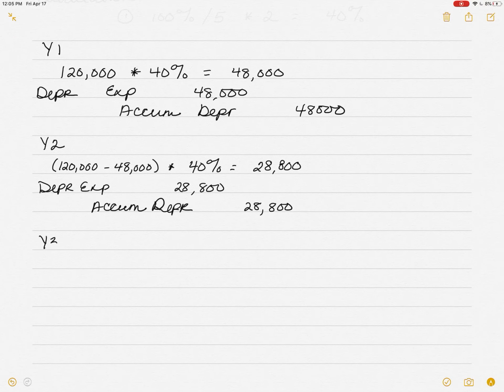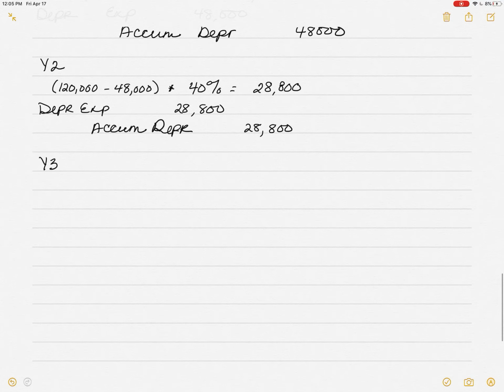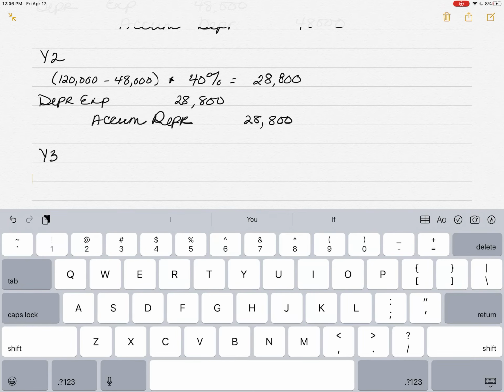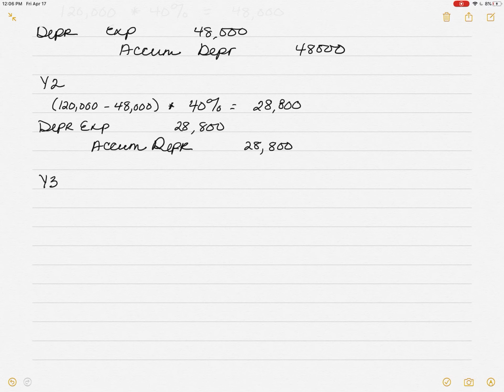And finally, let's look at year 3. In year 3, I take my cost minus my accumulated depreciation, which is now $76,800. I get this by taking the accumulated depreciation each year, the $48,000 and the $28,800, and I'm going to add those together.